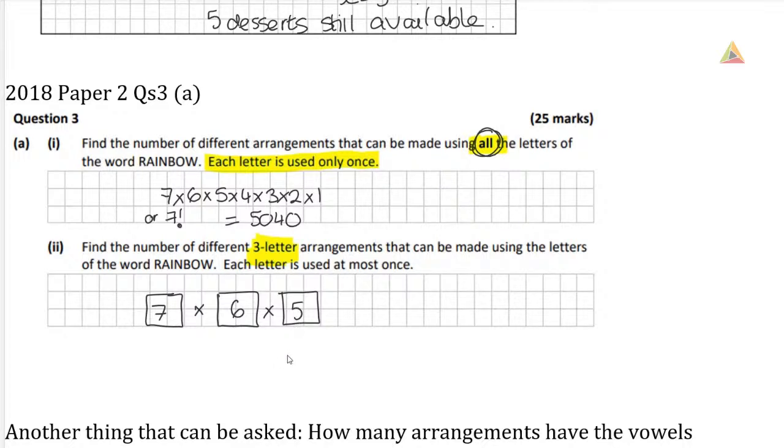Then we're going to have 4, 3, 2, 1 unused. So we're going to have 4 letters not used because we're only using 3 of the letters. This is not factorial because it doesn't go all the way down by 3, by 2, by 1. It's just 7 multiplied by 6 multiplied by 5, and that gives 210 arrangements.